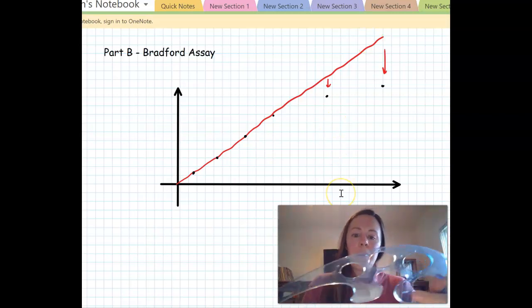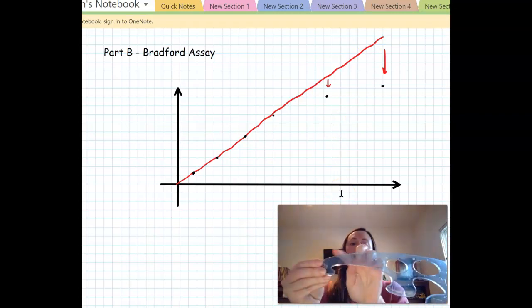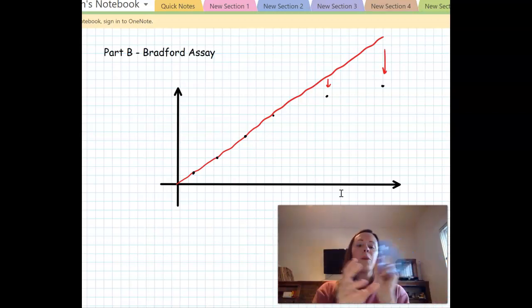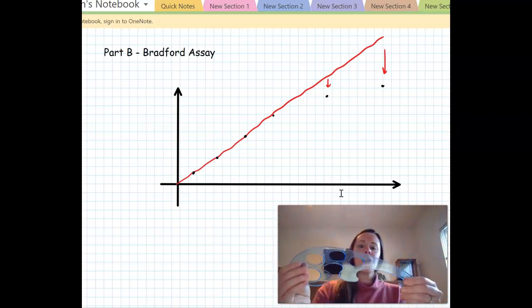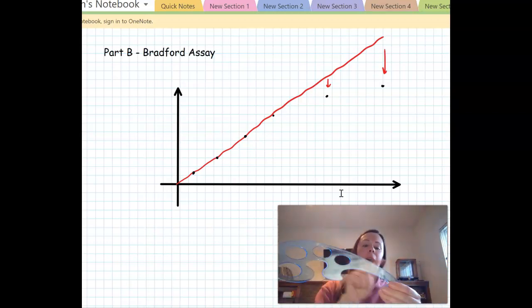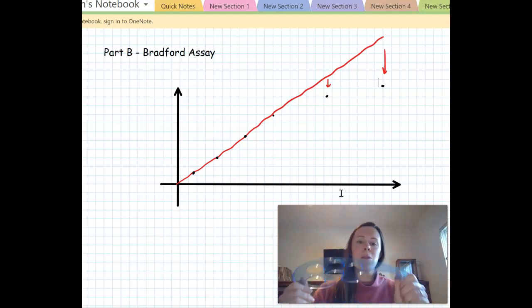A French curve, if you can see here, is a nice smooth surface that has a curved edge. What you would do is put this right onto your paper where your points start to plateau, and try to follow the shape of the data and create a curve that matches those points.